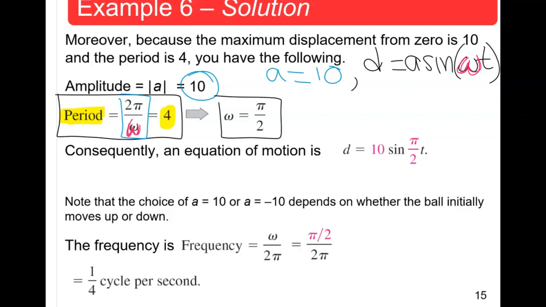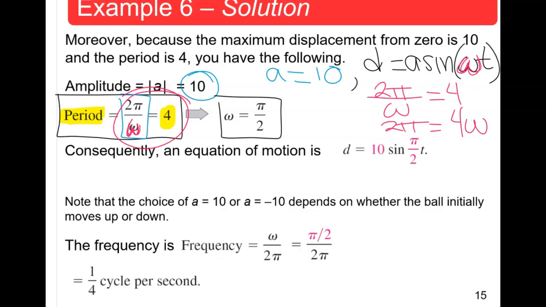So we have 2 pi over omega is equal to 4. If I want to solve for omega, I will take it to the right side, so that will be 2 pi is equal to 4 omega.